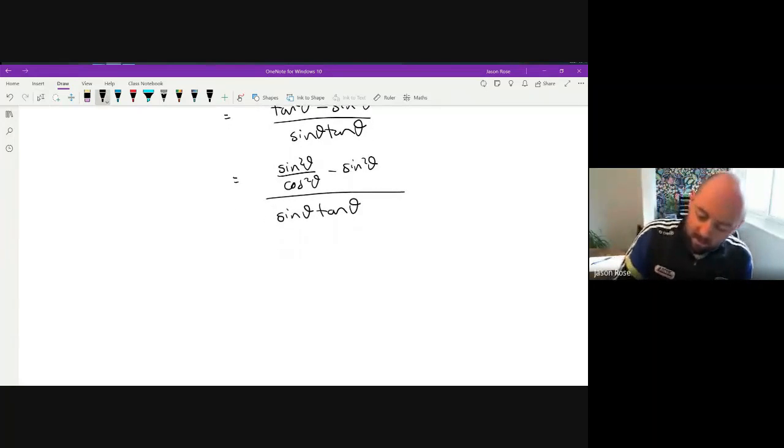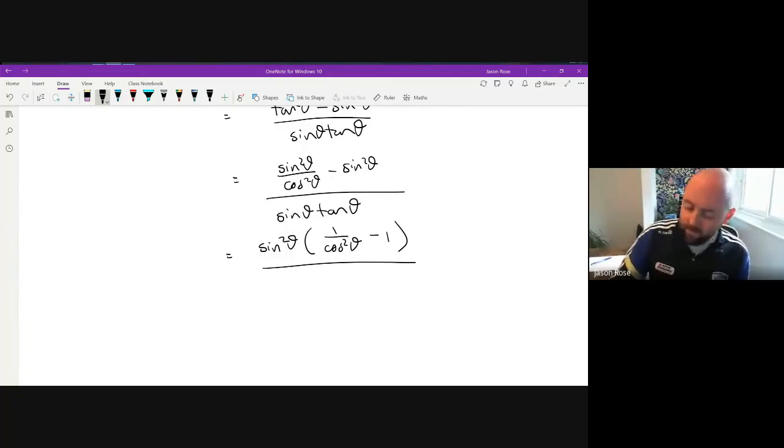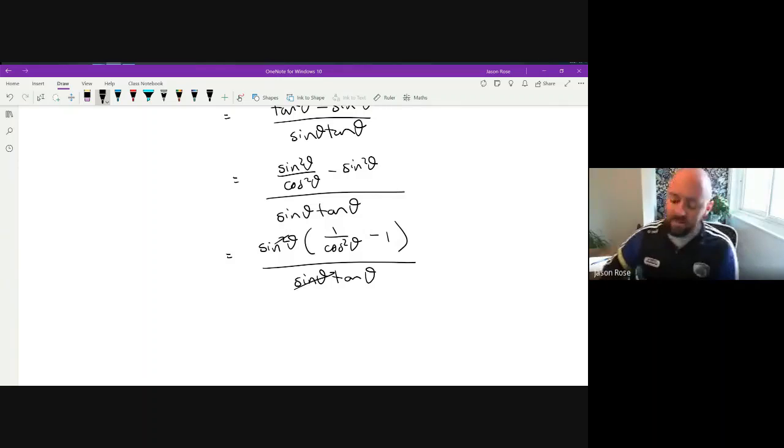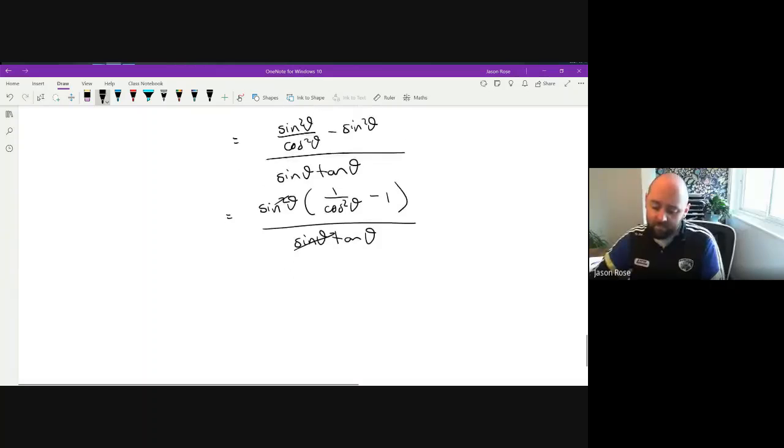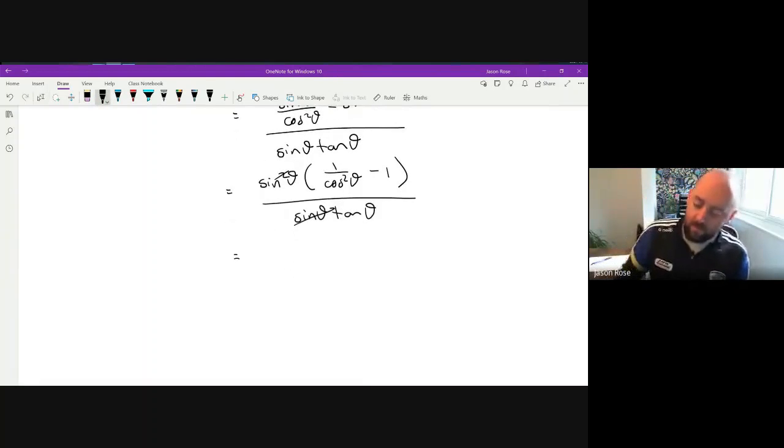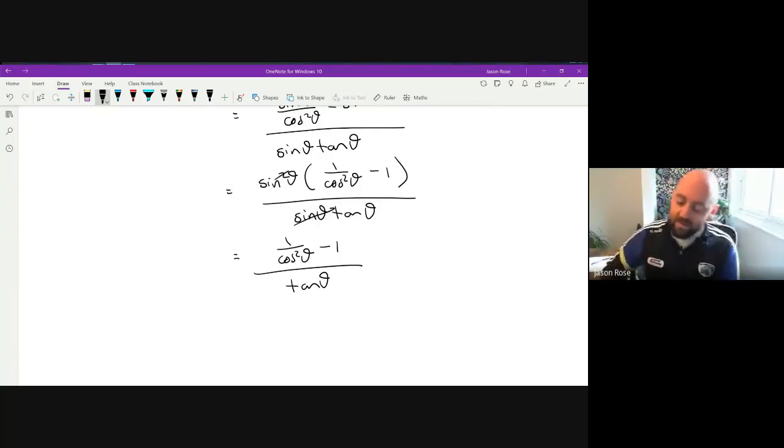One thing I'm seeing that I could do is factor out the sine squared theta. I could then cancel one of the sines on top with a sine here. So I have 1 over cosine squared theta minus 1 divided by tan theta.